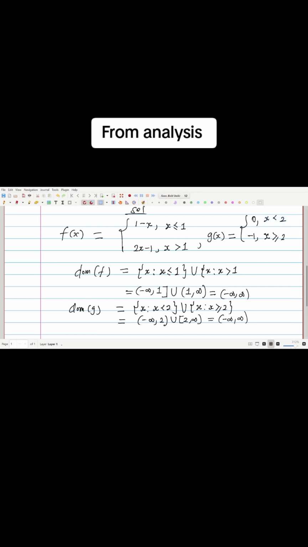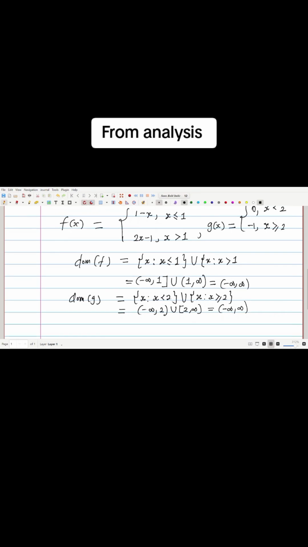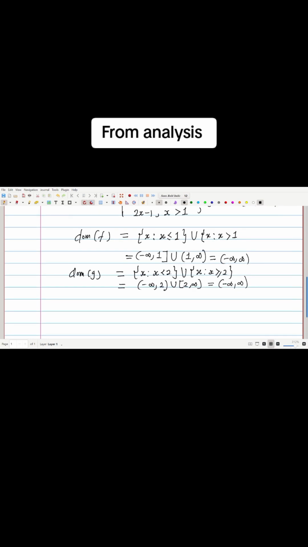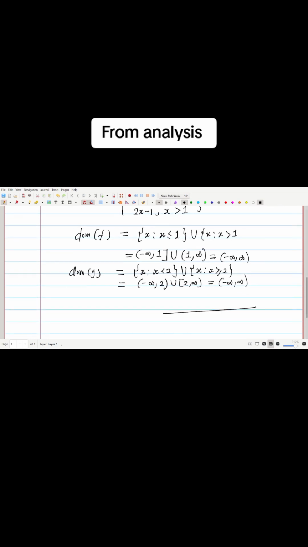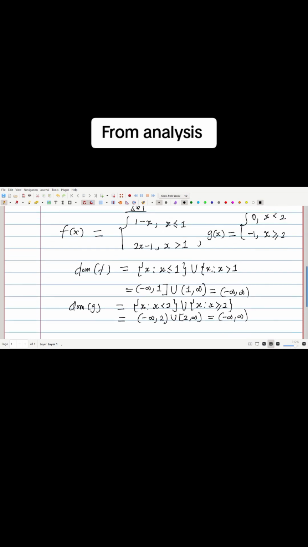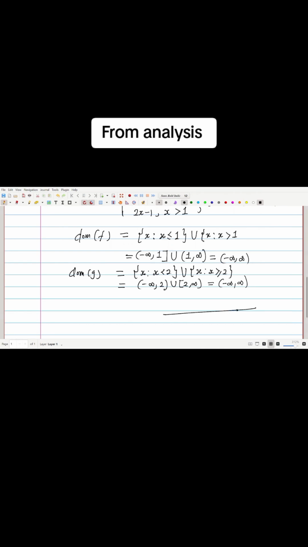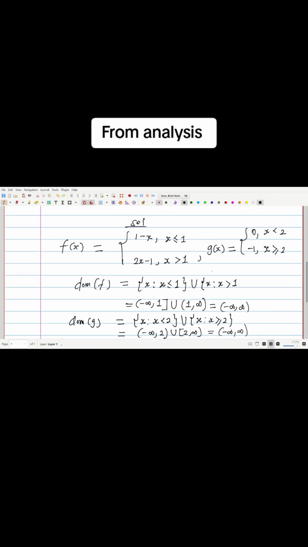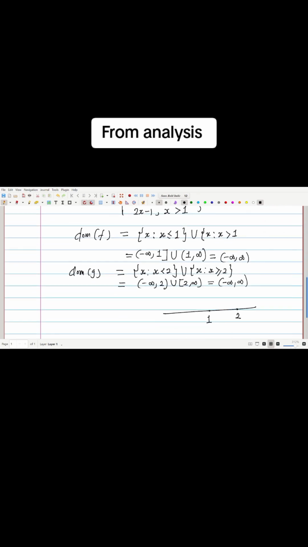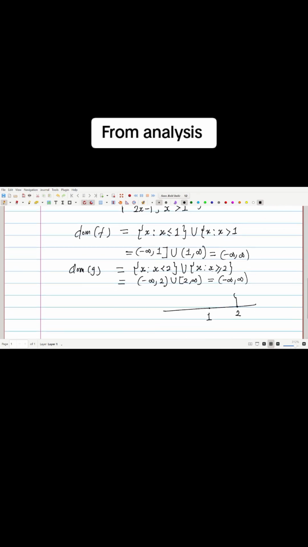If we are to represent it on a number line, for example, let me represent it so you can get what I'm talking about. Let's say this is a number line now. Then we have 2 as a result here, and we have 1 as a result here. Now, since in this domain of g, x is less than 2, we can draw the number line as follows, and the arrow will point to the left, right?